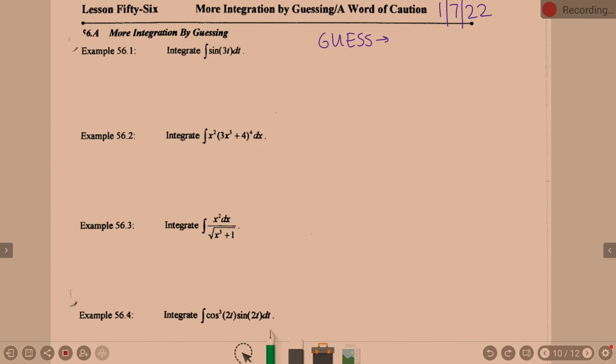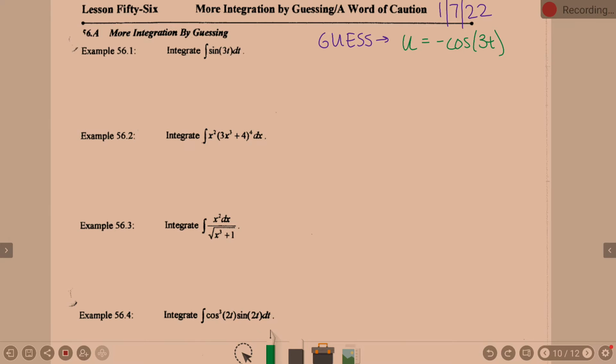Except not the dt. So the integral of sine of something is negative cosine of something. Make sense? Just get that all straightened out in your head. And so my guess is negative cosine of 3t. That's my guess.